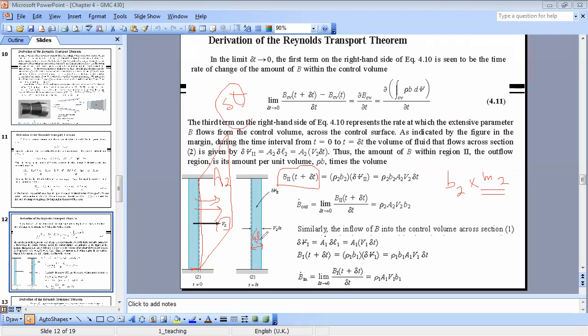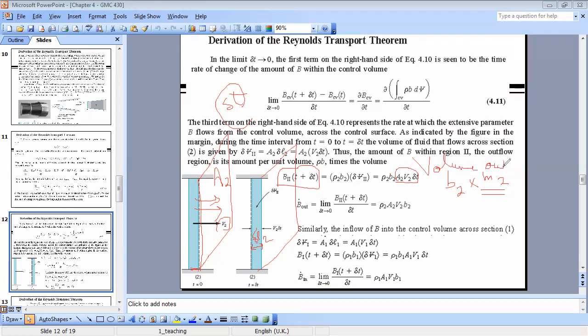And when I multiply delta L2 by the cross-sectional area, A2, I can get the volume getting out, okay? So v2 times A2 times delta t, this is the volume that is getting out.